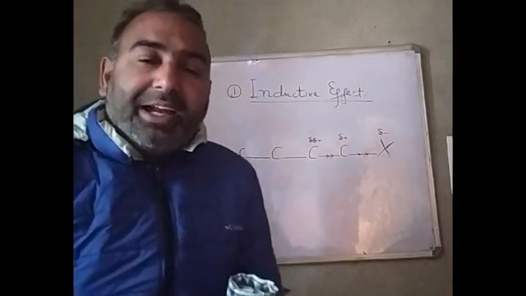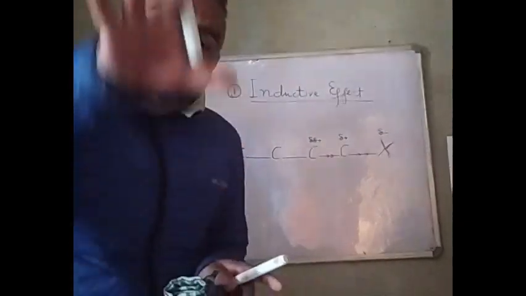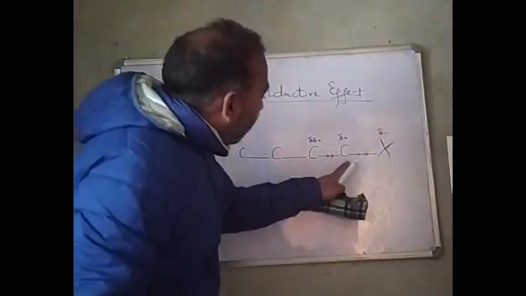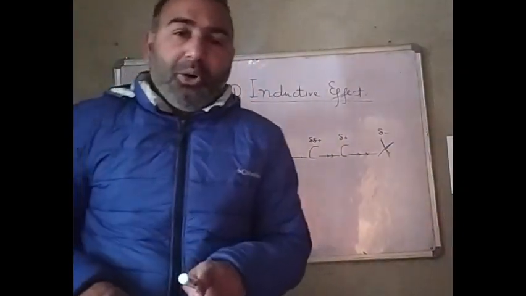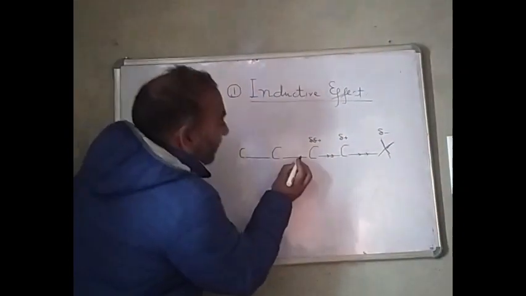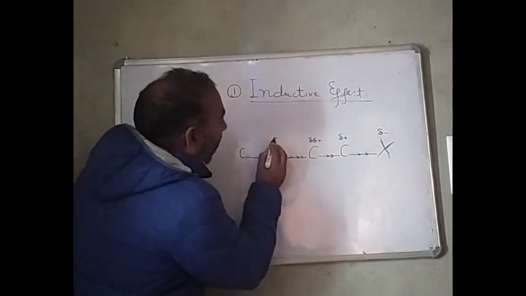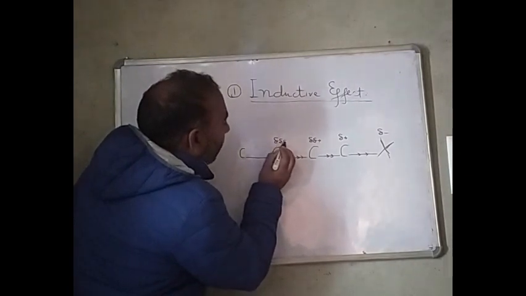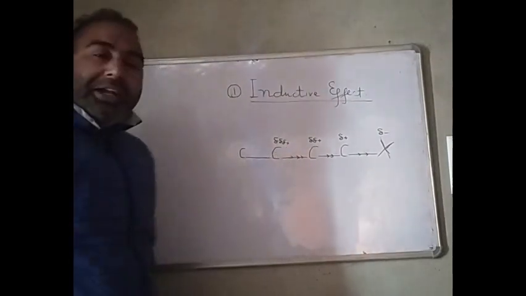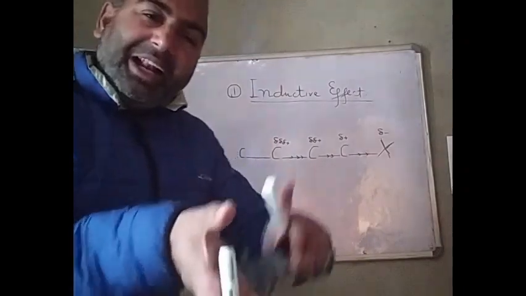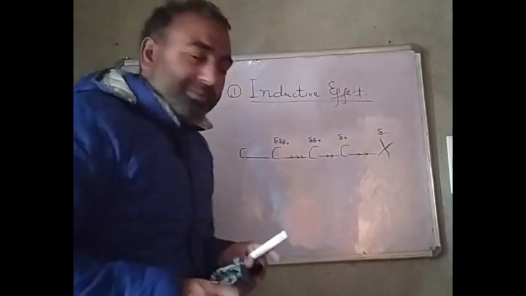But the second carbon attains less positive charge than the first carbon, which is directly attached to the more electronegative element. This displacement is also felt by the third carbon, which also attains a partial positive charge, but less than the second carbon.